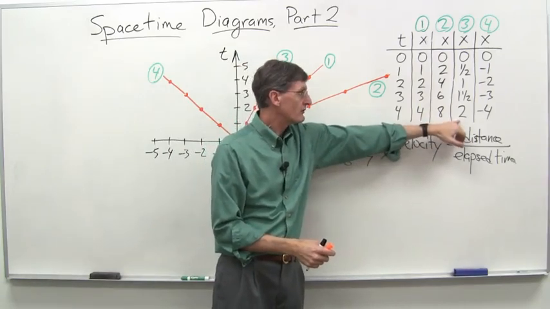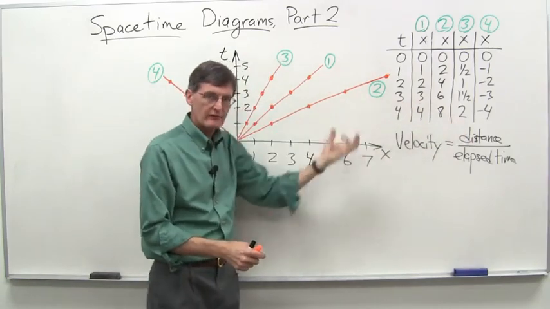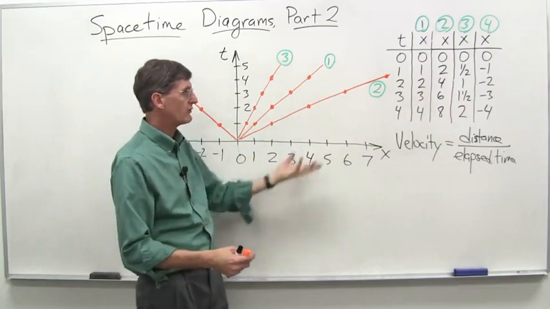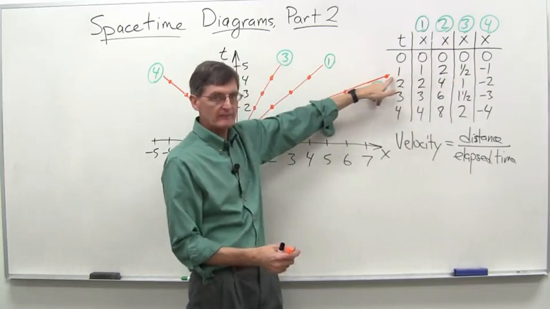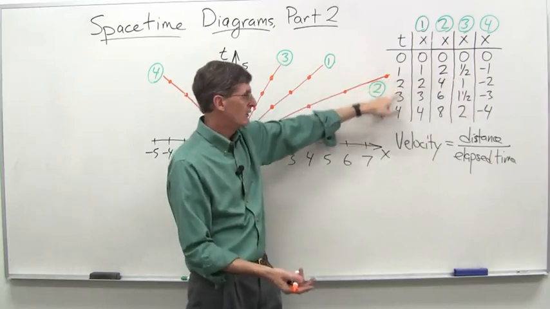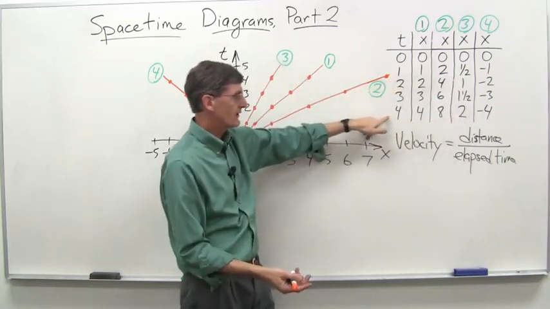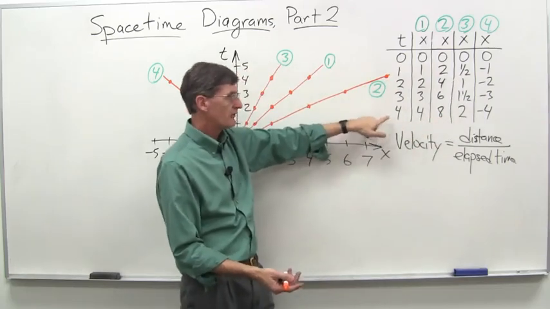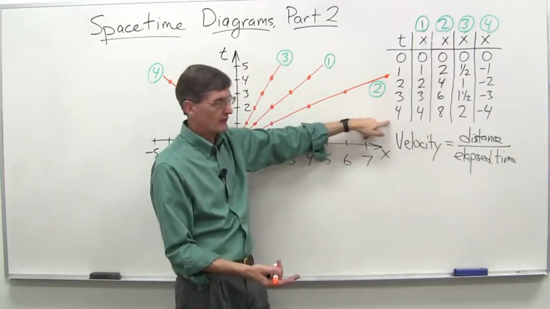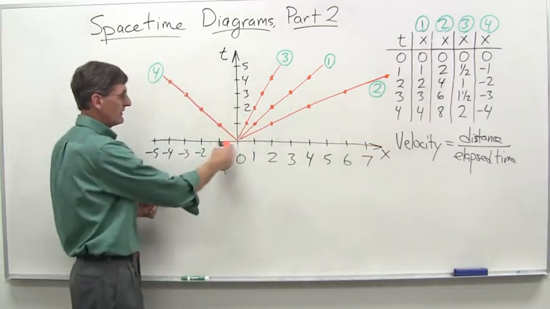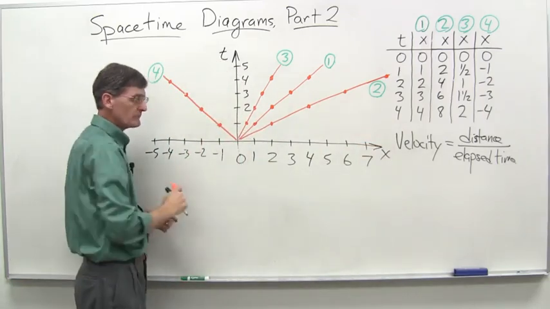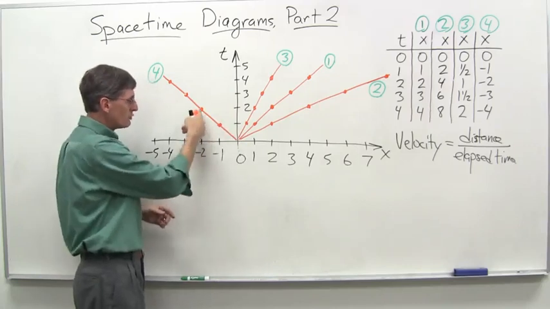Velocity in this case, again, because it's a constant velocity, we're not changing the velocity. We can just pick any given point and read it off. We've got 1/2 meter in 1 second, so that's 1/2 meter per second. If we did 2 meters in 4 seconds, 2 divided by 4, 1/2 again, 1/2 meter per second. And then the final version is -1 meter in 1 second, -2 meters in 2 seconds.